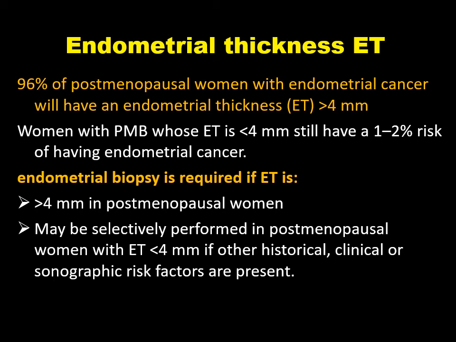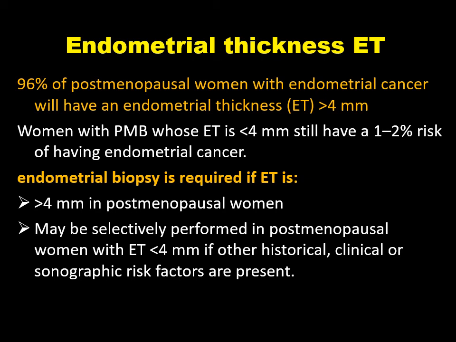96% of postmenopausal women with endometrial cancer will have an endometrial thickness of more than 4 millimeters, and this is why 4 millimeters is the cutoff point that we use.